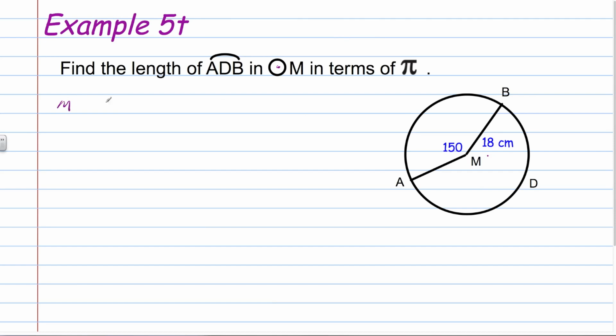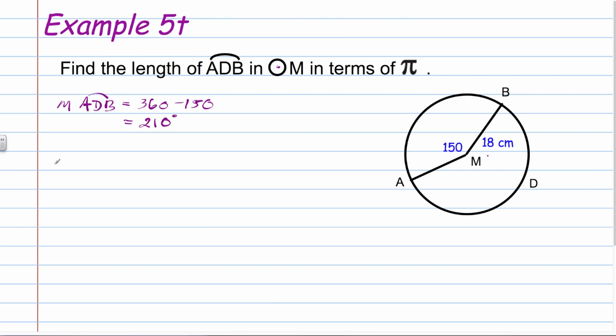The measure of arc ADB we're going to find by subtracting 150 from 360. The reason we can do that is because arc AB is arc ADB's related minor arc, and those together make a full circle. And in this case, that would give us 210. So the measure of arc ADB is 210 degrees.